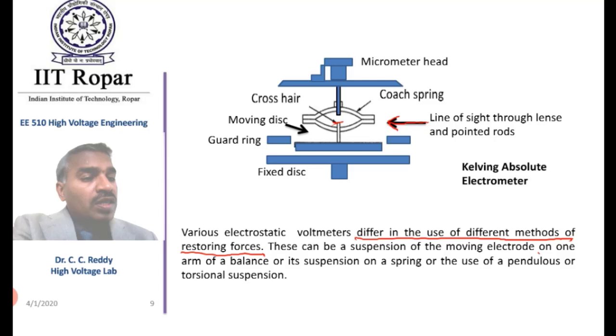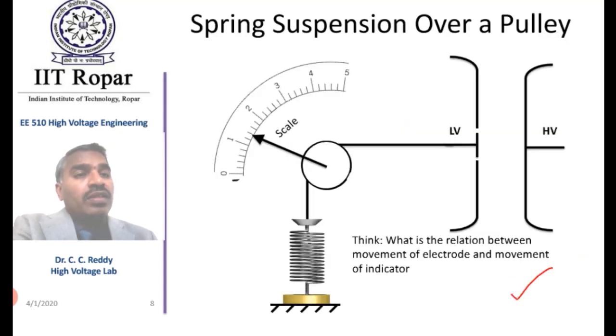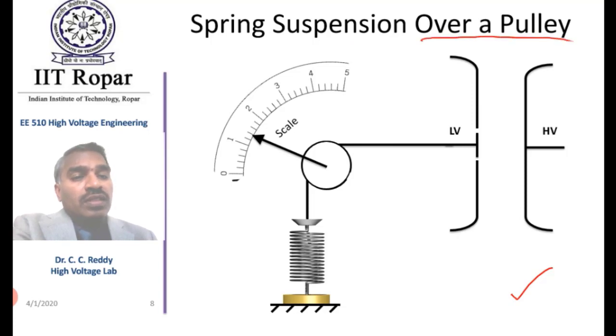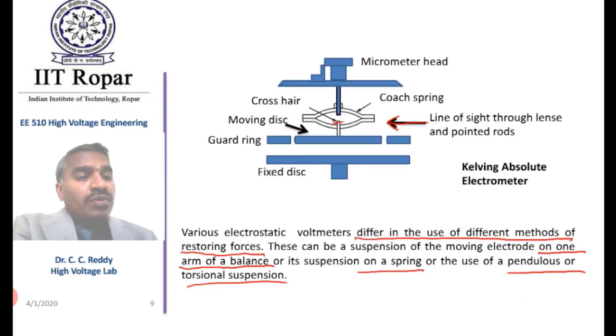It can be suspended on one arm of a simple balance, or suspended on a spring, and others use a pendulous or torsional suspension. In the previous case, you can see it is a suspension over a pulley, and in the beginning you have seen a torsional spring, etc.